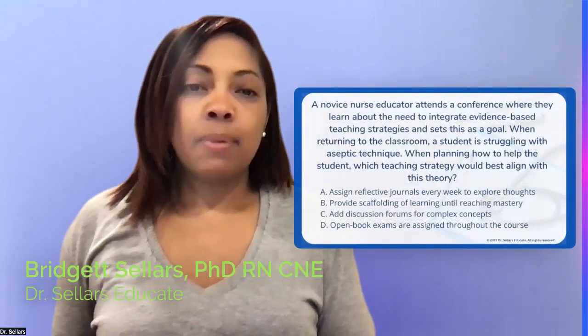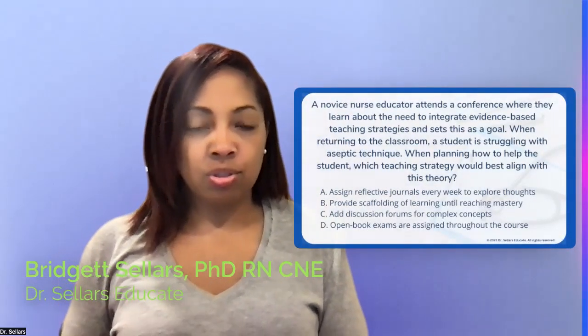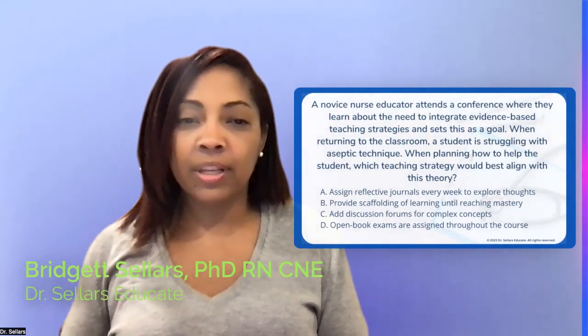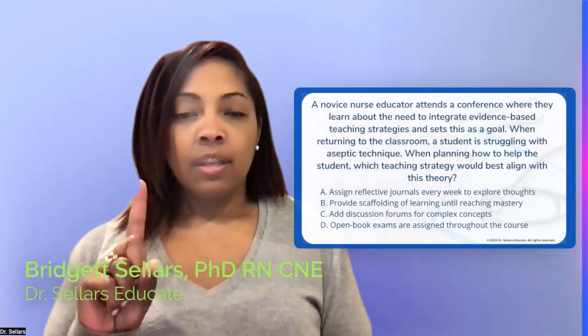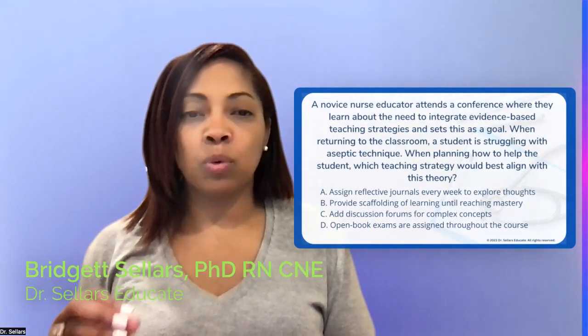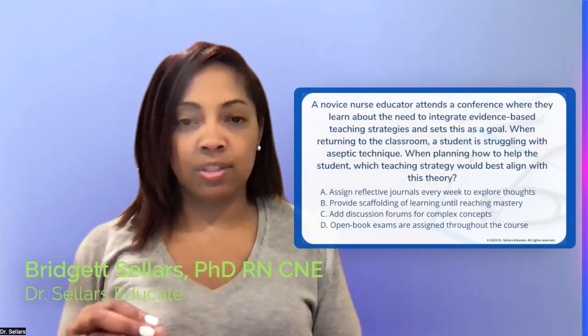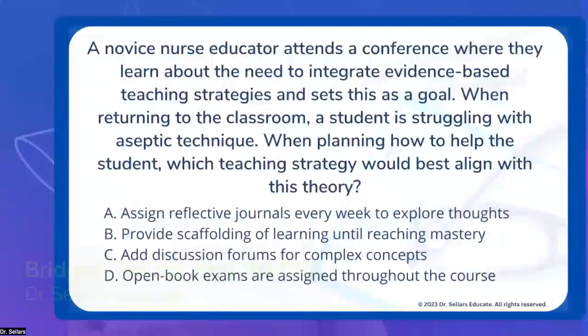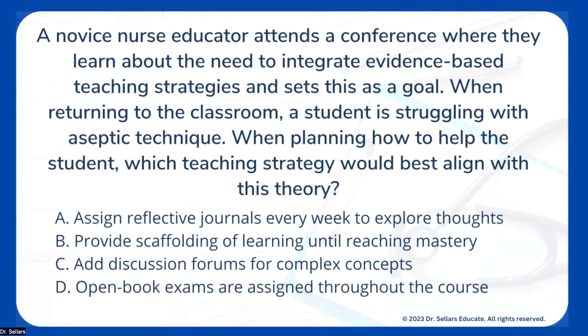All right, so let's talk about the process steps that you should take if you're taking the CNE exam to help you further explore what the best choice is. The first step is taking a look at the question and thinking first and foremost, what is it that I know for sure related to this question? You may be unclear about what sociocultural learning theory is all about, but you want to break down some of the key concepts that you're confident about as it relates to this concept.